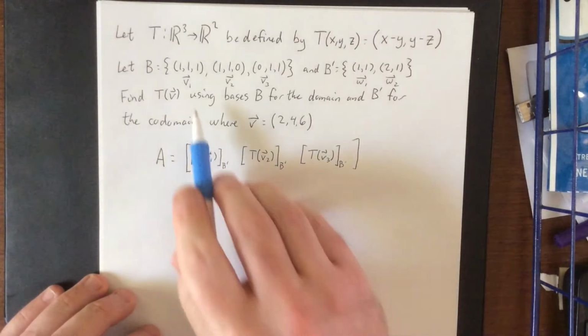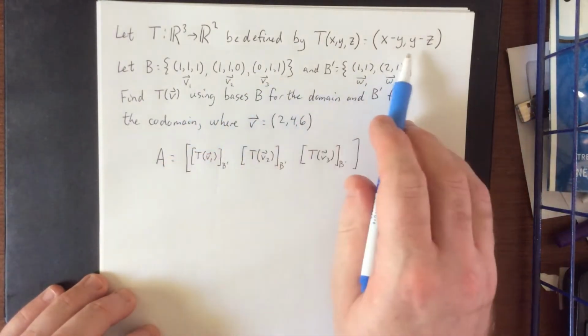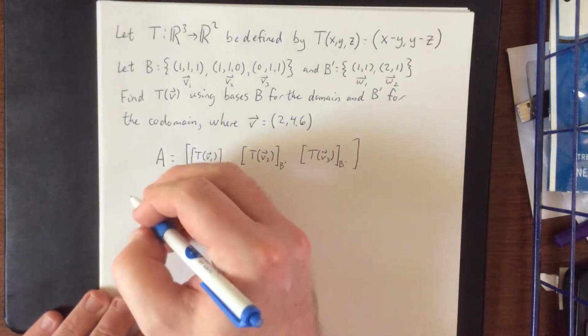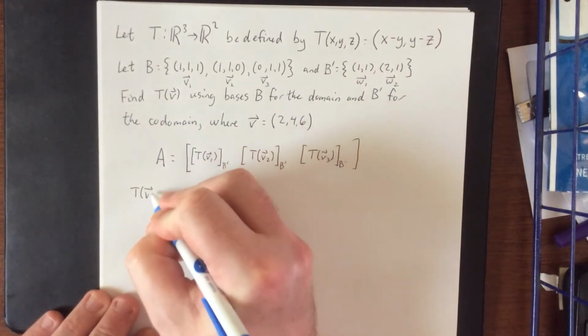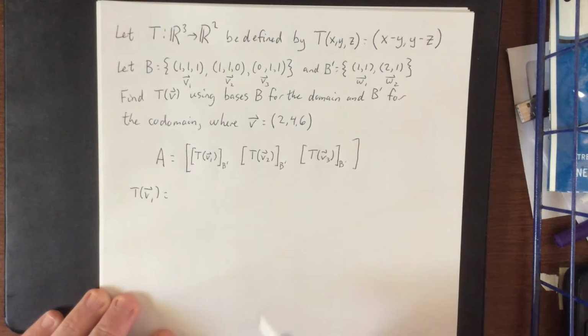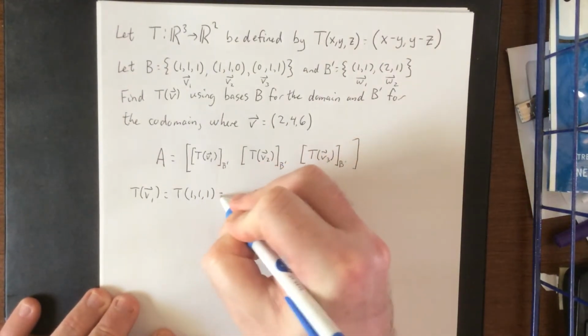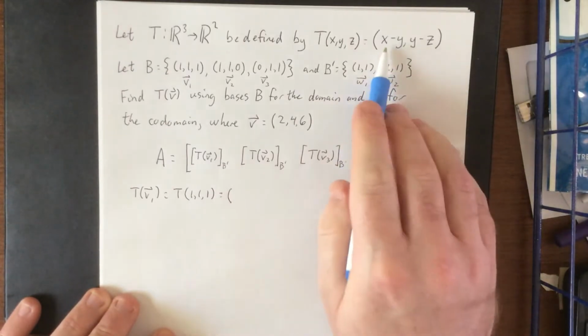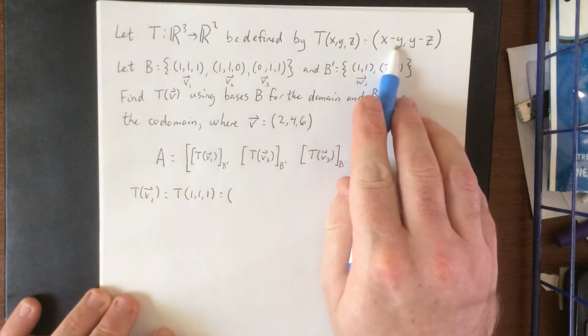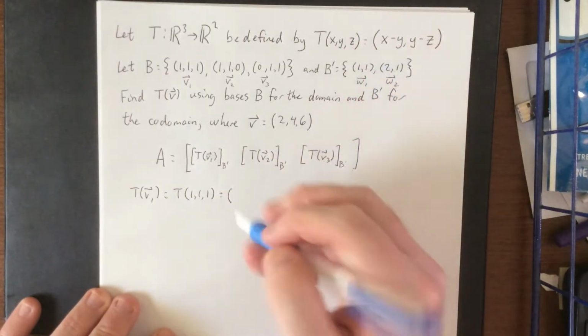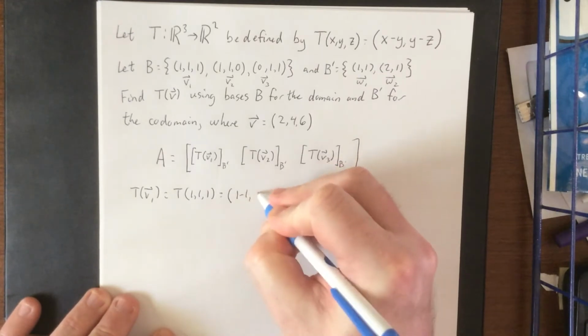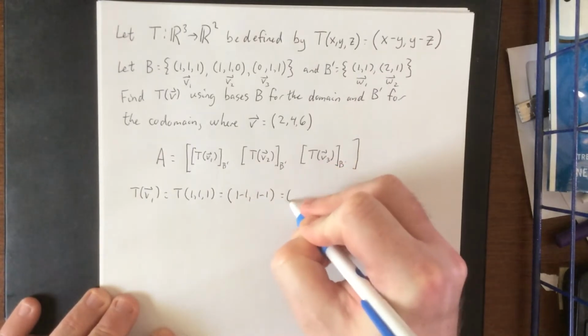So let's go ahead and start by finding the image of all three of these vectors through our transformation. So T of v1 is going to be equal to T of (1, 1, 1). And again, this image is supposed to be the difference of the first two components and the difference of the second two components. So 1 minus 1 and 1 minus 1.